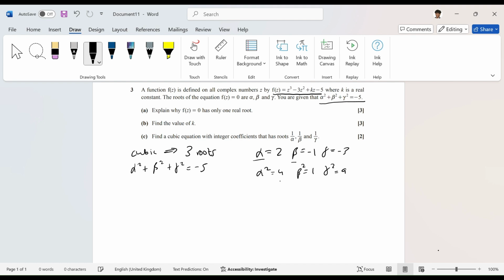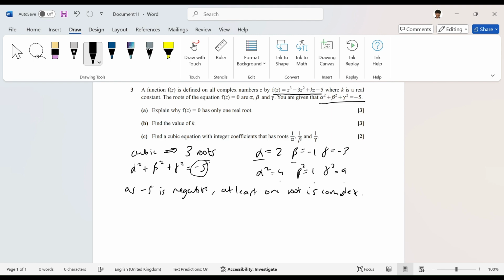So when you add 4 plus 1 plus 9, this would give you a positive number. So if all 3 roots are real, then you would have a positive number for alpha squared plus beta squared plus gamma squared. But we have been given a negative number here. So as negative 5 is negative, at least one root is complex.